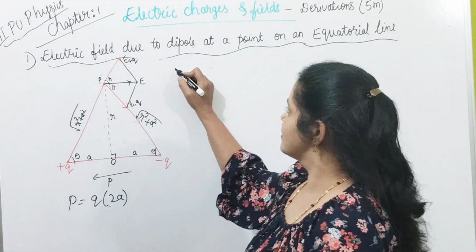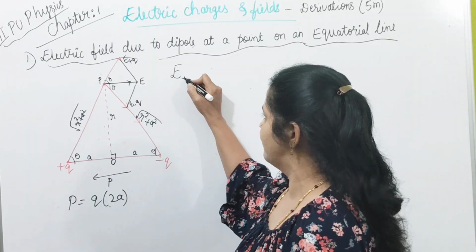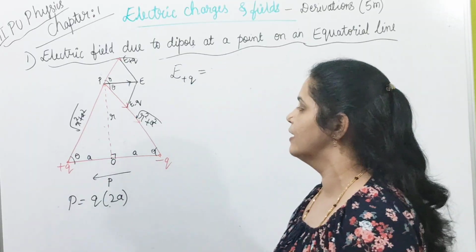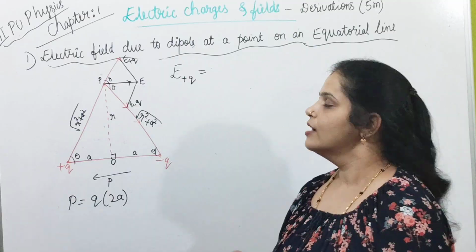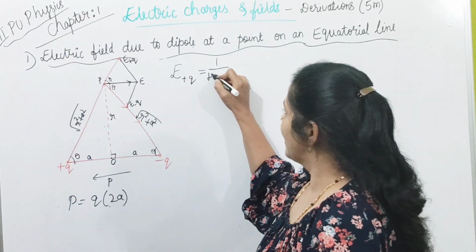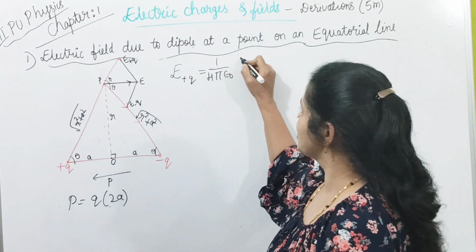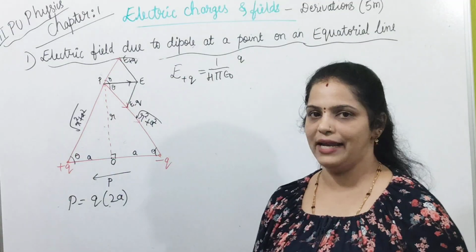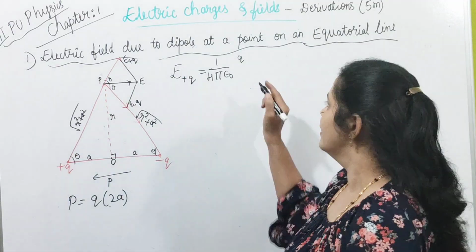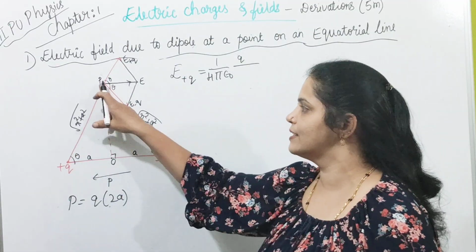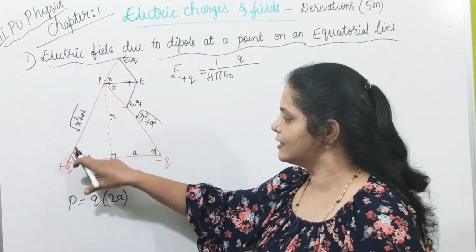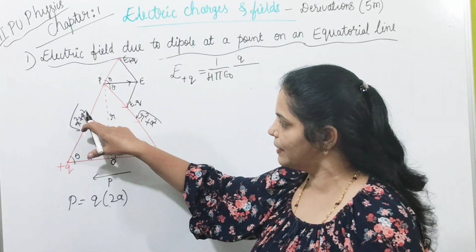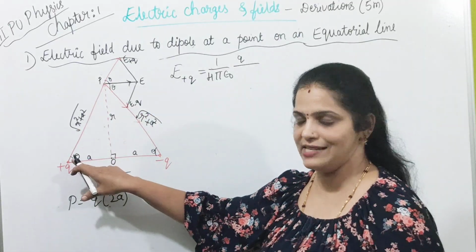Now let us use the expression for electric field. How to write the electric field due to the positive charge? That is 1 by 4 pi epsilon naught, source charge is plus q or minus q, just write q, divided by the square of the distance. The point P is at a distance square root of r square plus a square from plus q.